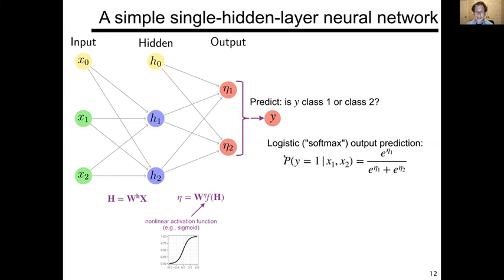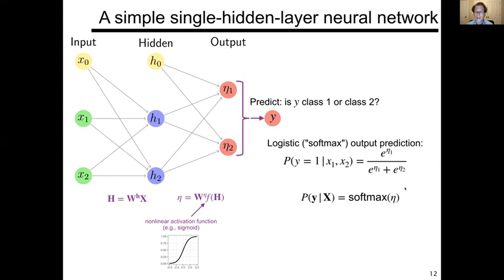And so the softmax output prediction says that the probability of y being class 1, given the inputs, is e to the value of this node divided by e to that node's value plus e to this node's value. That's the denominator. And that's what's called the softmax output function, softmax prediction.